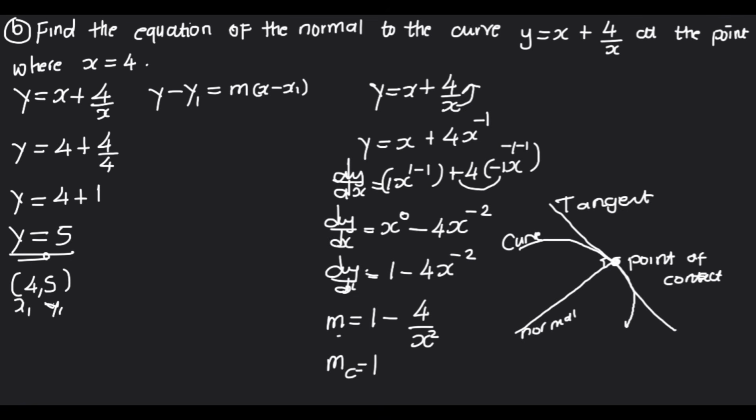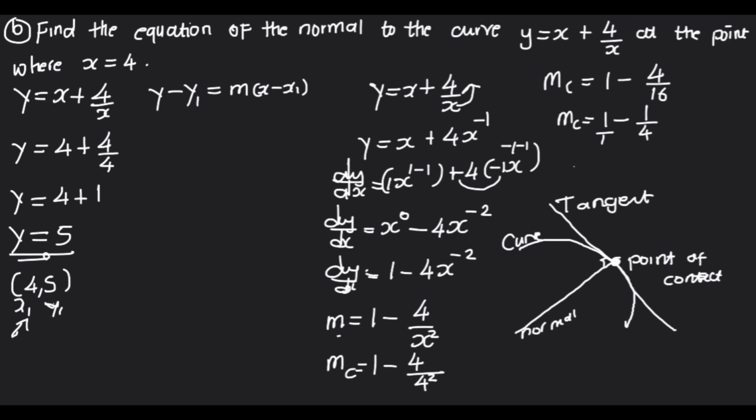So it's 1 minus 4 over what is the x. So from this one we can say that the x is equal to 4 squared. So gradient of the curve is equal to 1 minus 4 over 4 squared is 4 times 4, which is giving us 16. So if we reduce this, will give us 1 over 4, 4 into 4 is 1, 4 into 16 is 4.